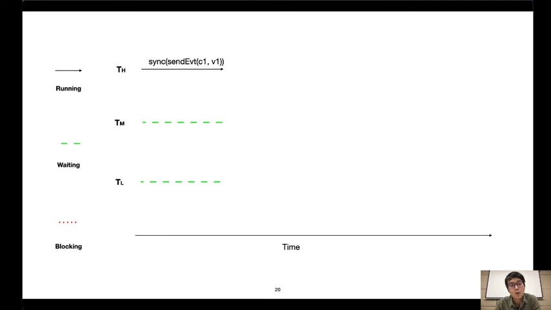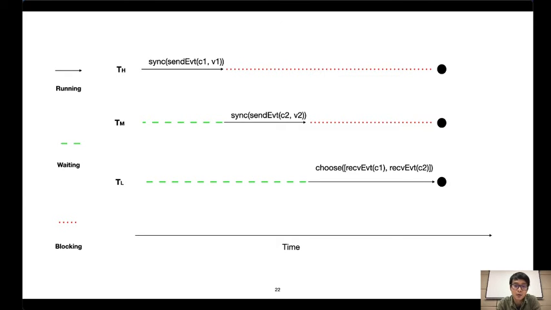At the beginning, we have the high priority thread sync on a send event and it sends a value v1 to c1. Then the high priority thread is blocked, and we switch to the medium priority thread. The medium priority thread syncs on another send event. It's sending a v2 to channel c2. And the medium priority thread is blocked. Now we move on to the low priority thread.